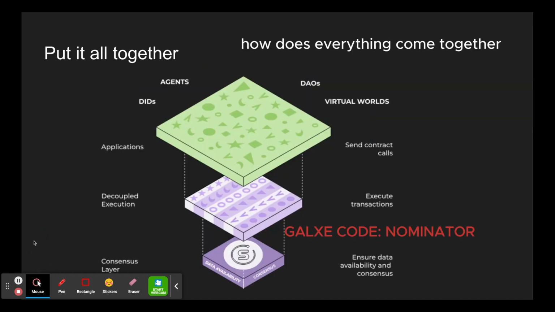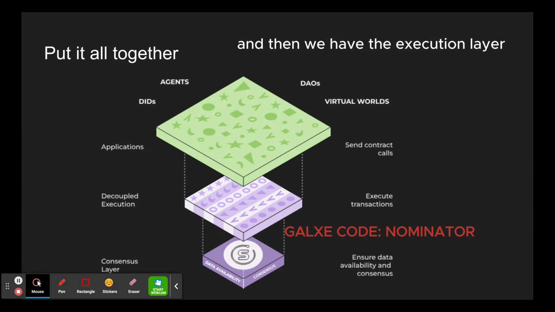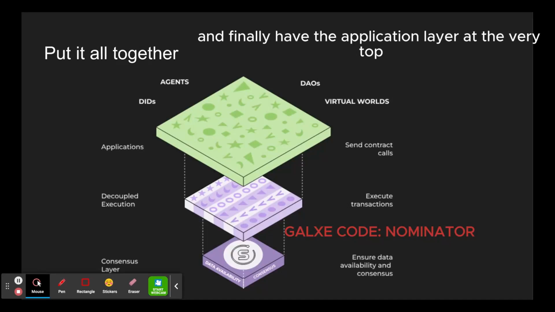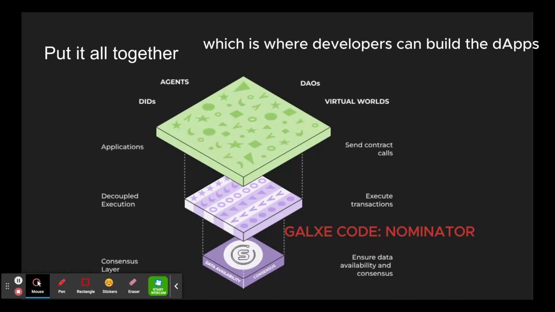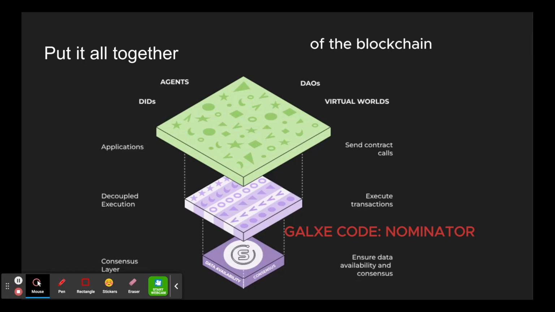So I want to put it all together. How does everything come together in the big picture? At the bottom, we have the consensus layer, which is what the Lithium, or proof of archival storage, works on. Then we have the execution layer, which is where operators and nominators do all their magic. And finally, we have the application layer at the very top, which is where developers can build dApps without having to worry about all the backend details of the blockchain.